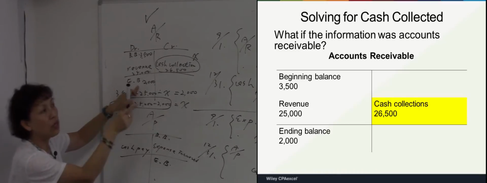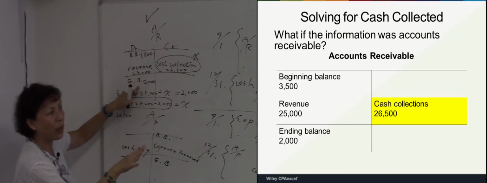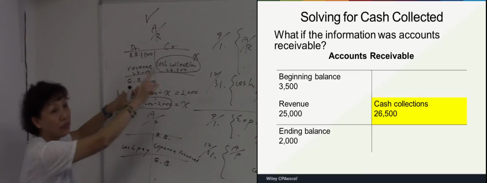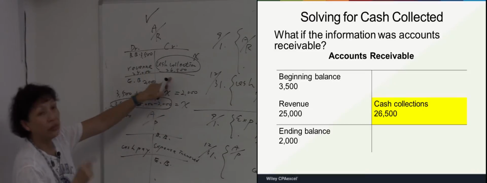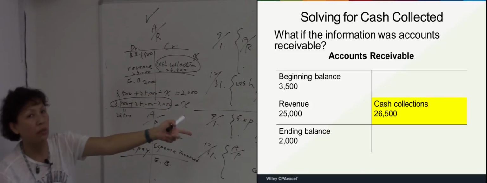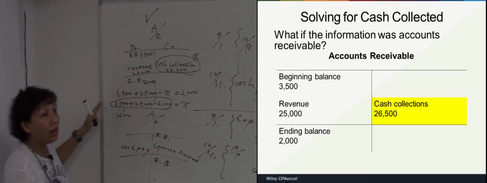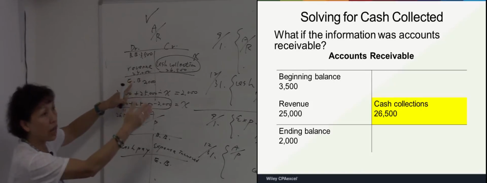Because you record the beginning and ending balance on a different side under a different account, would that affect the cash amount you resolve? Yes, of course. There we got only 23,500, here we get 26,500. Why? Revenue is recorded on the left side, same thing.